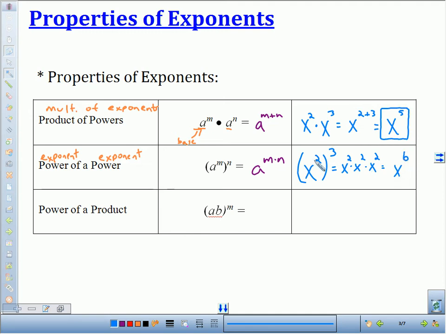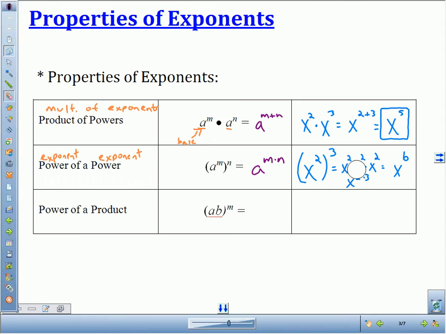But the easier way would be to say that this is x to the 2 times 3. These are both identical statements. So that's the way we're going to think of it: x to the 2 times 3, which is x to the 6th.